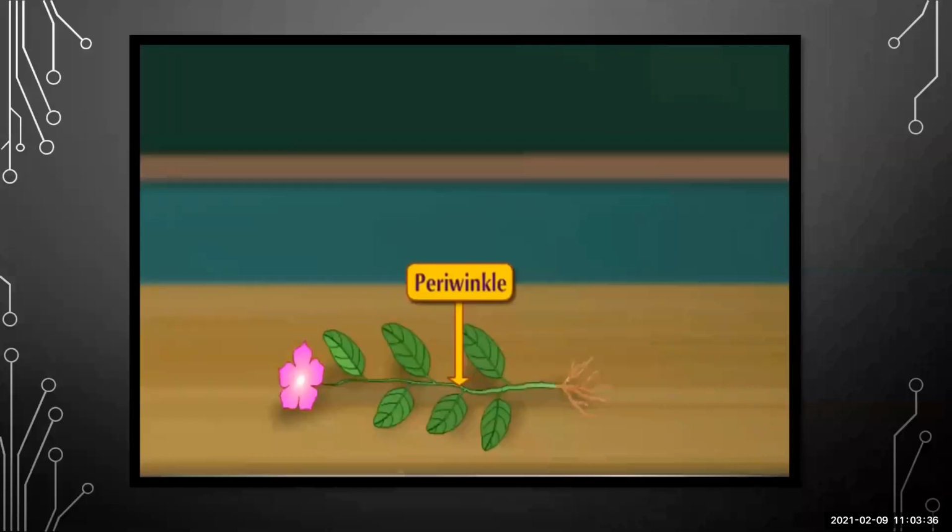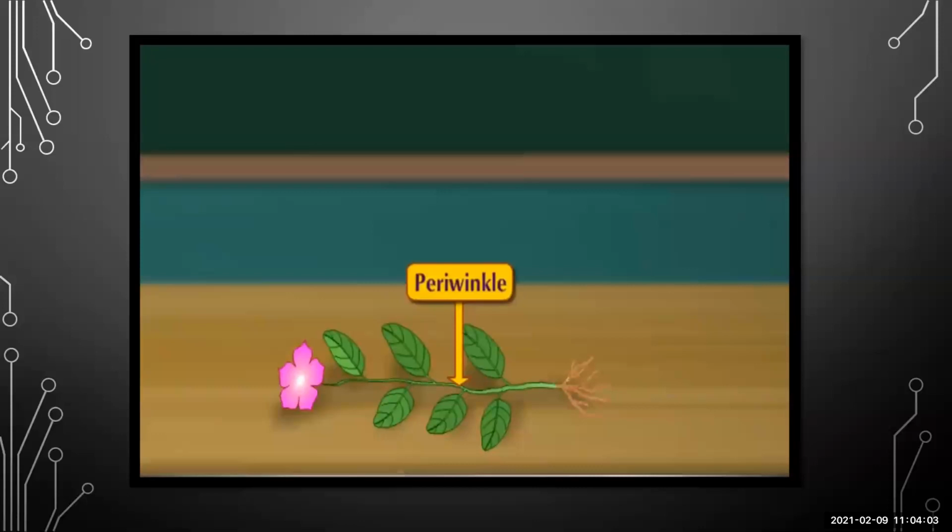Some plants are very tall, like trees, so how is this water carried from the lower soil roots to the upper part of the trees? We will see one experiment so that we come to know how the root exerts pressure so that the water molecules are transported in the upward direction.